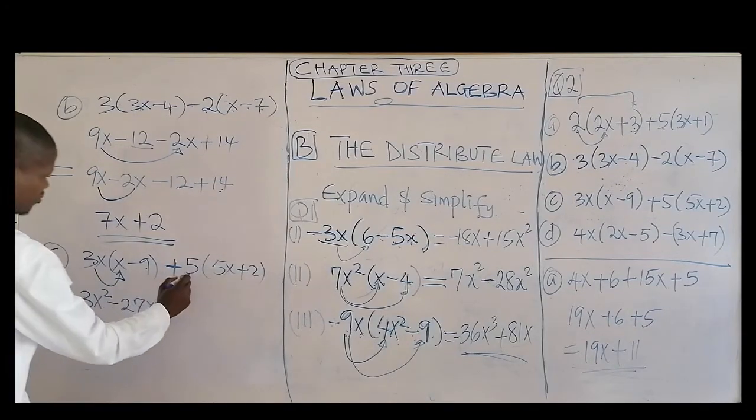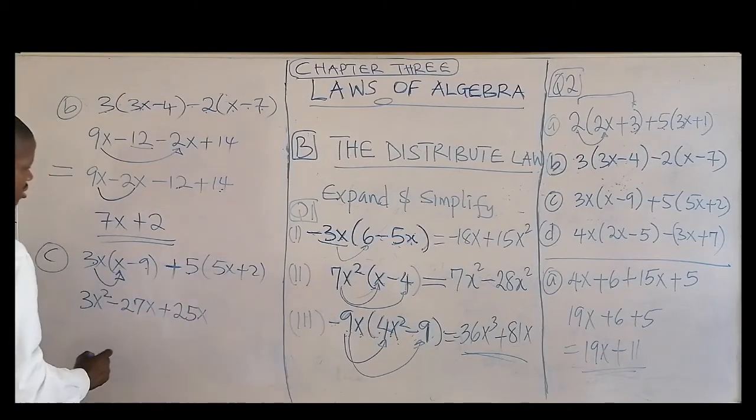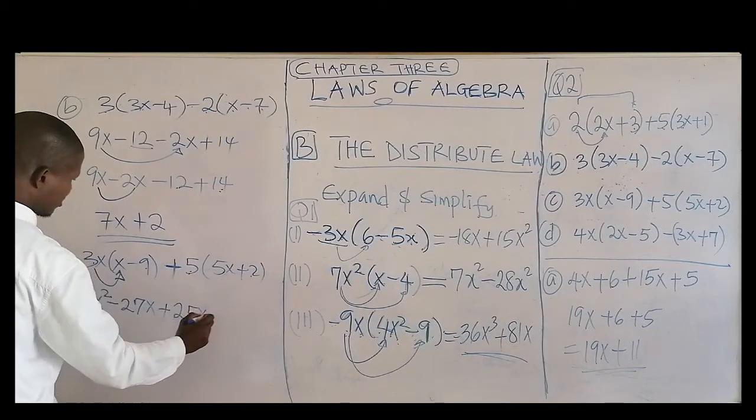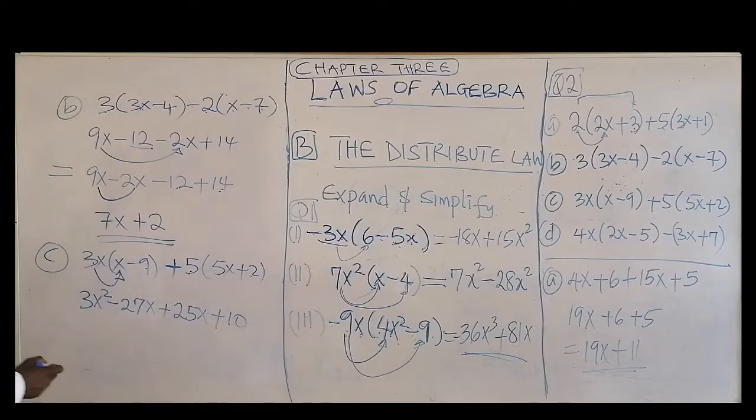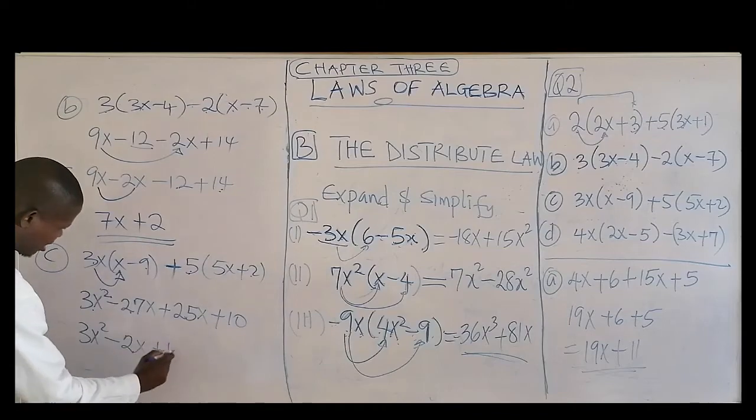And then this one times this one, that's plus 25x. Okay, then this one times this one, that's plus 10. So we can arrange according to the x. We have 3x squared, minus 27x plus 25x, so that's minus 2x plus 10.